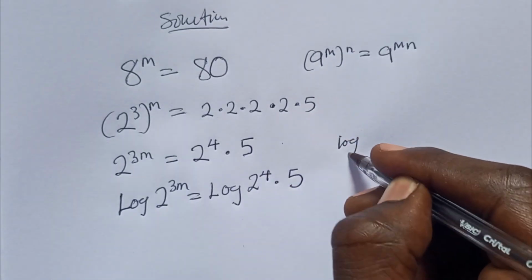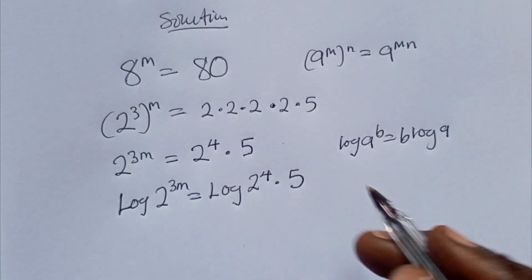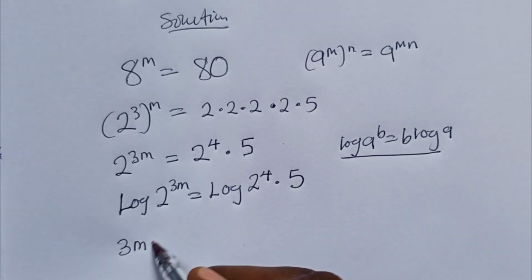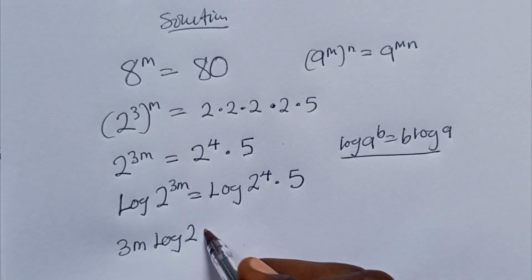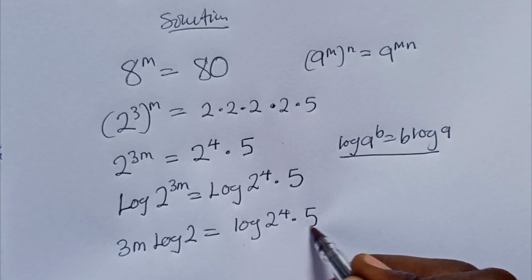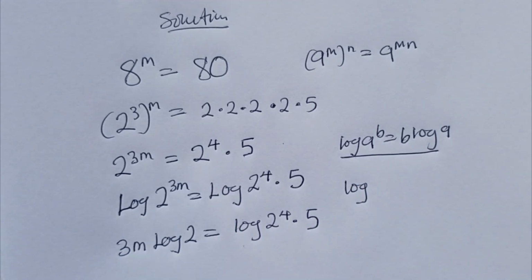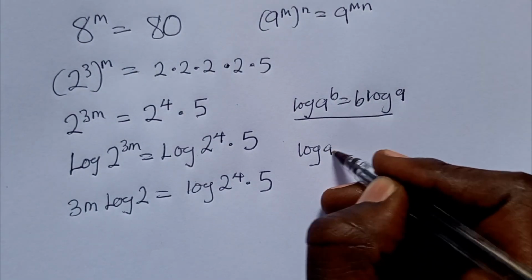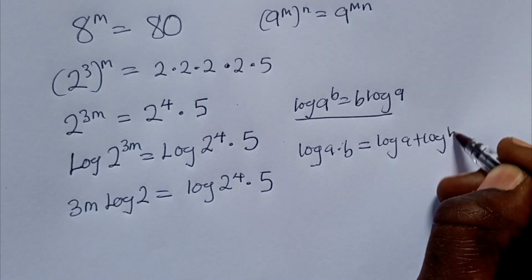But you know, log a to the power of b is the same thing as b log a. So we're going to apply this law here. So it's going to be 3m log 2 equals log 2 to the power of 4 times 5. We also recall that log a times b is the same thing as log a plus log b.